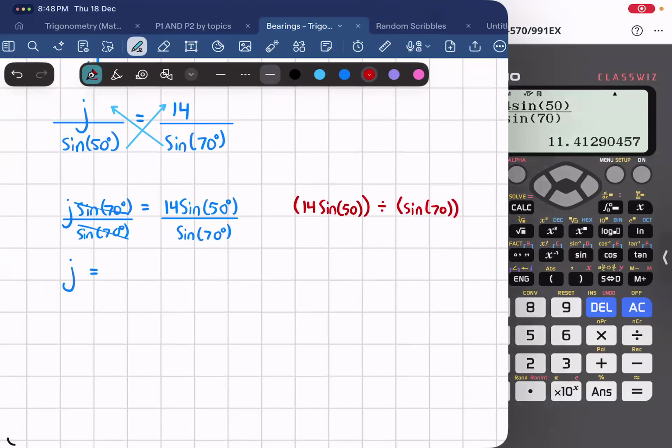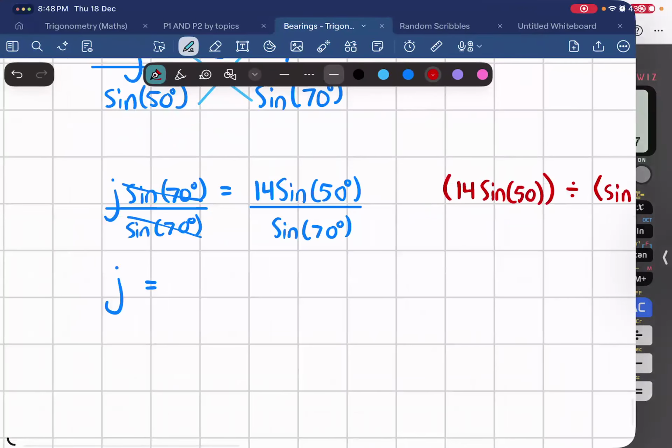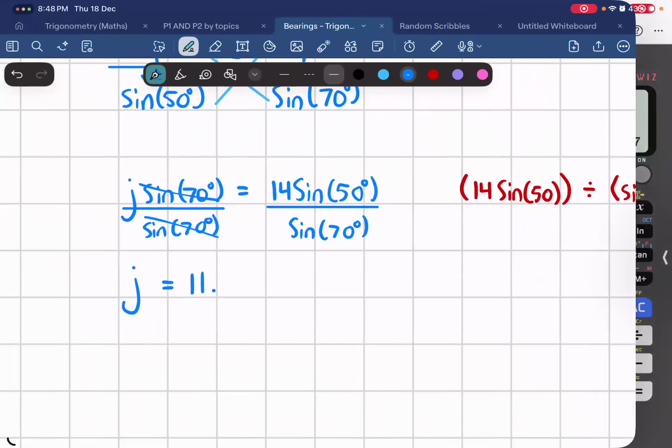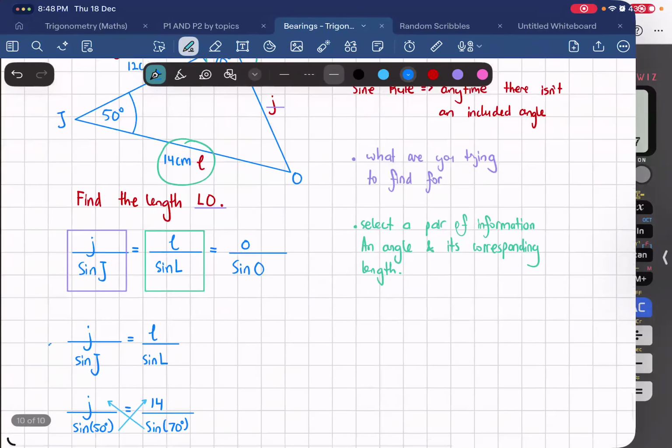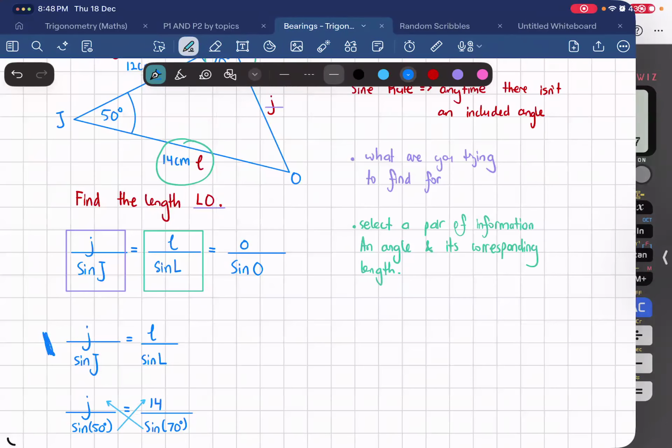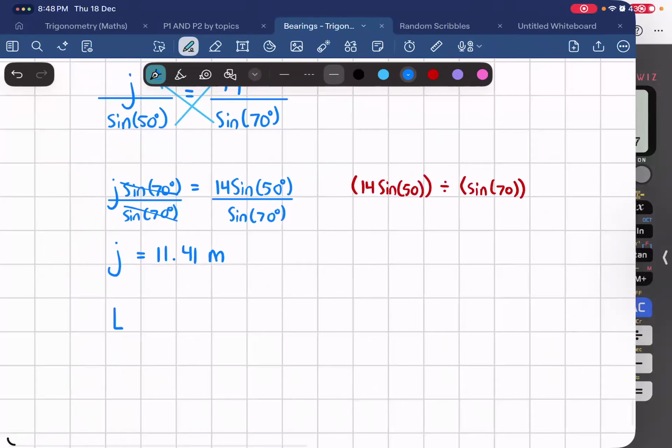So that's the answer. If you round that off to two decimal places, 11.41 meters. And remember, J was the same thing as LO. So in the end, you're going to write LO is equal to 11.41 meters.